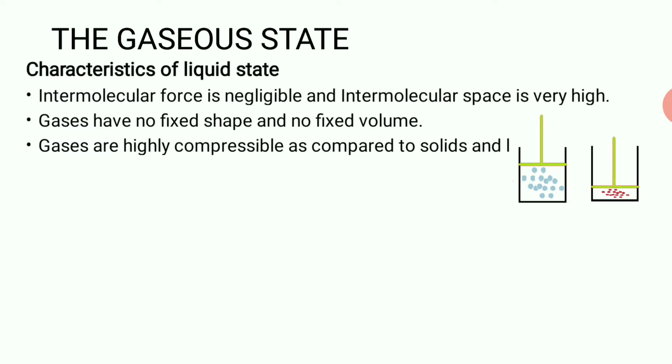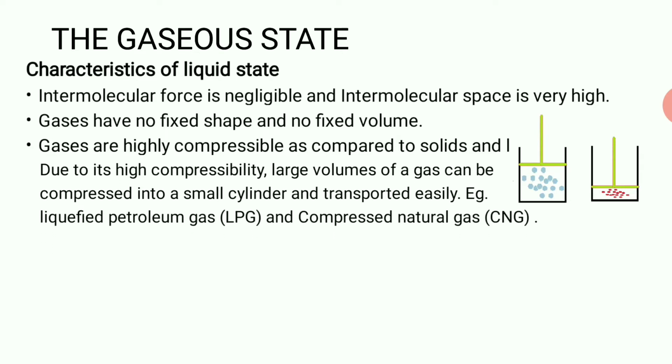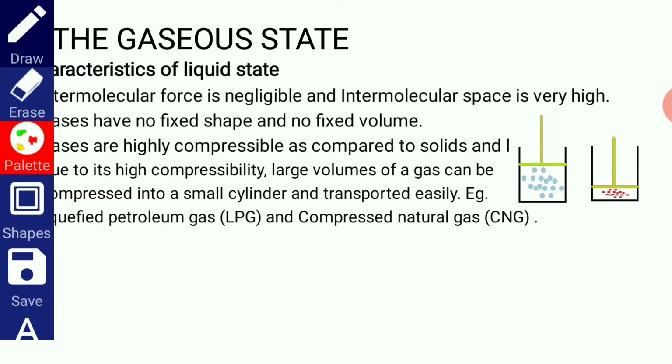Due to the compressible nature, we use many types of gases. I will give you two examples that you are very familiar with. The first is LPG, called liquefied petroleum gas, which is used for cooking, as a fuel in household work.